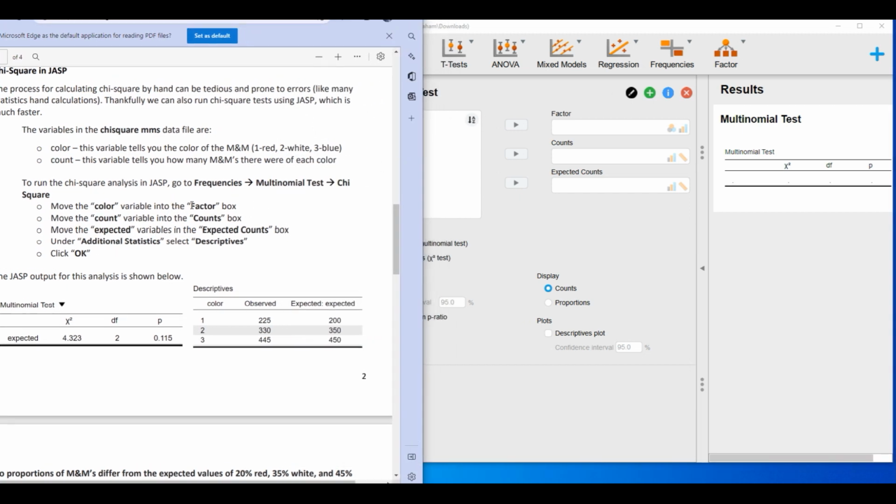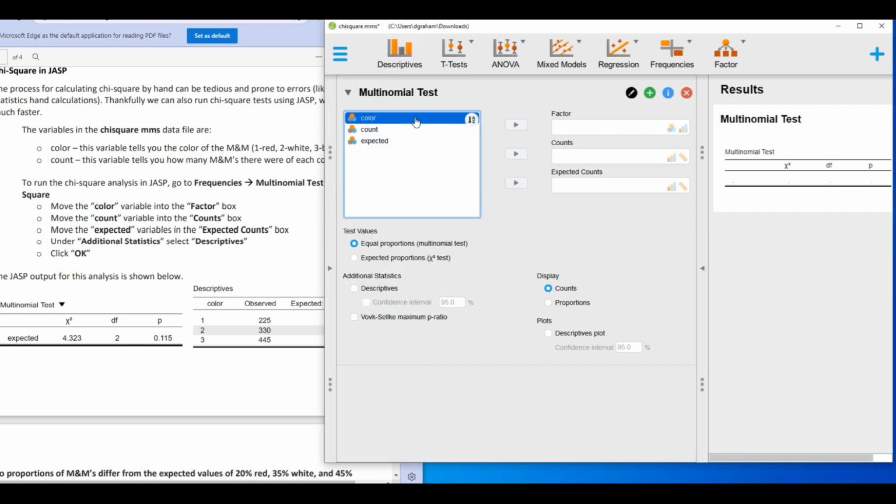Now we're going to move color, our color variable, to the factor box. Factor, again, just meaning essentially variable, independent variable. And we're going to move count to our, surprise, counts box. The number of each one, the number that falls into each of these categories.